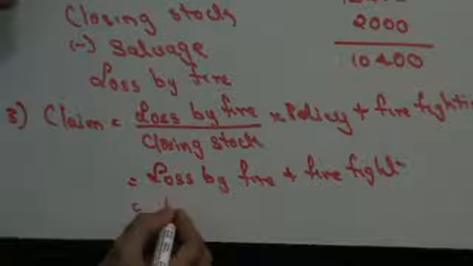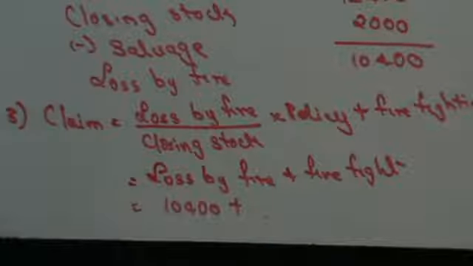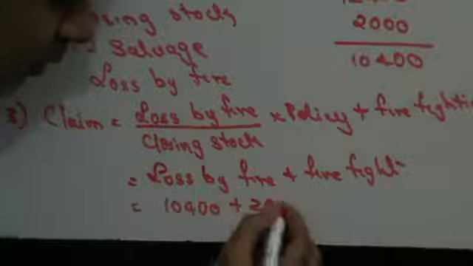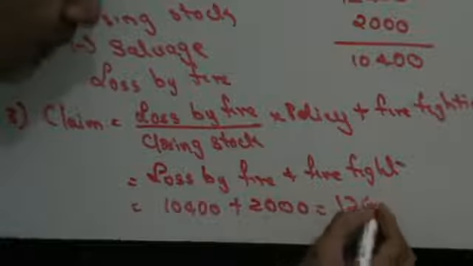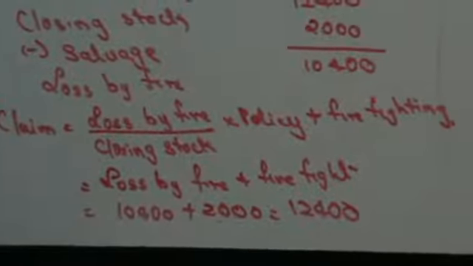Loss by fire is 10,400. Firefighting expenses are 2,000. So 12,400 is going to be my claim. I did not use that formula, loss by fire upon closing stock into policy, because my policy amount was greater than the closing stock. Next, let's move on to the next one, guys.